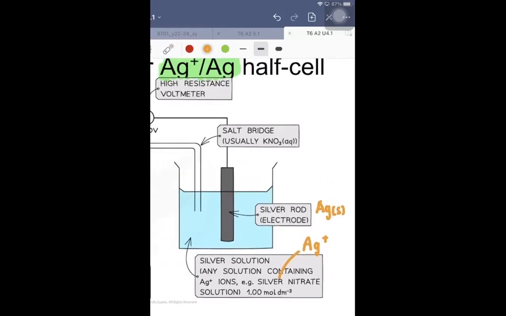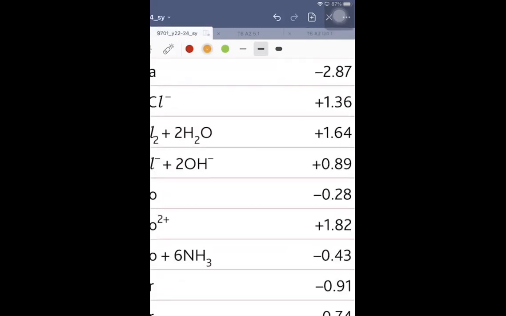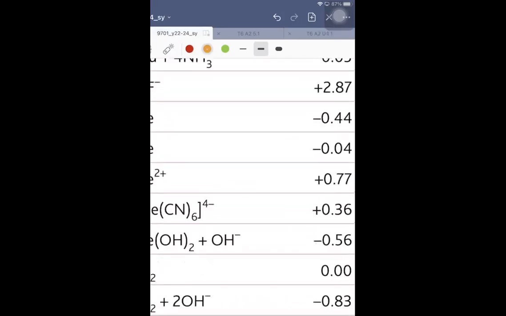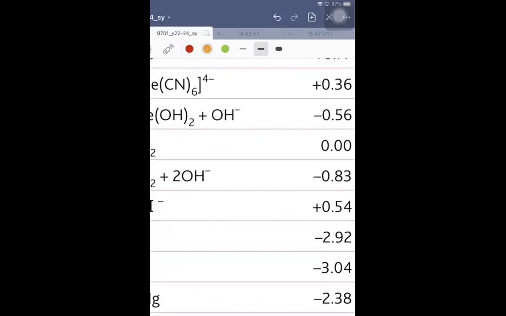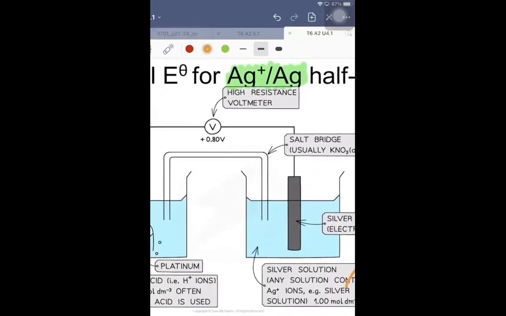equilibrium system, whereas for your hydrogen, just remember hydrogen also has its own equilibrium system, and it is this one, H plus and H2 gas. So H2 gas is being supplied into a tube. This tube is to trap any hydrogen gas that's planning to leave or evaporate.